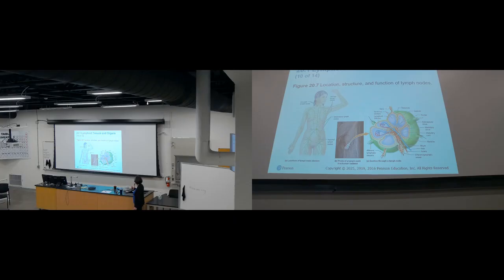So see, we have 1, 2, 3, 4, 5, 6 that are bringing lymph and only one that is draining the lymph, the efferent. Here in this indentation, which is the hilum, the artery comes in and the vein comes out. So you have capillaries here.